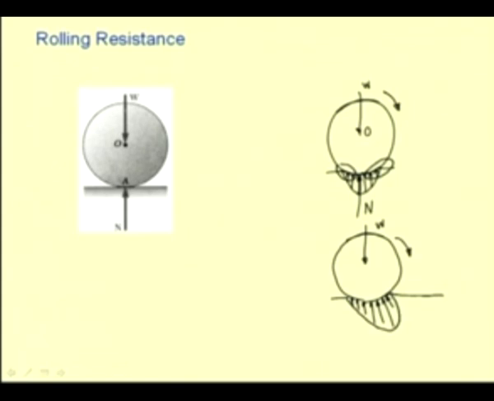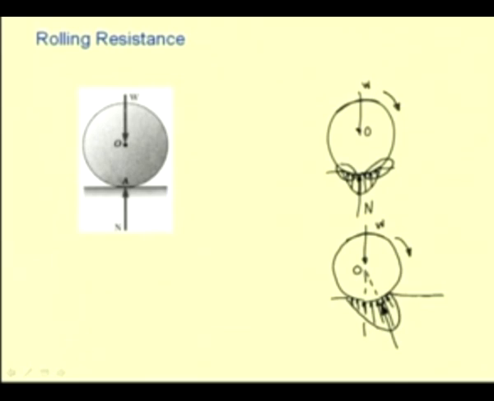So, we see that if we take the resultant of all these forces, now it will no longer be this vertical force N, but rather a force which acts at some distance away from the original point under consideration below, say O. So, now this reaction force is displaced in the direction in which the wheel tends to roll.